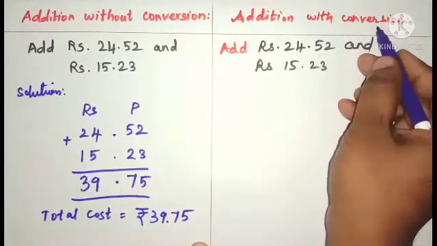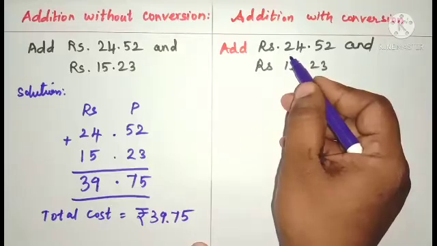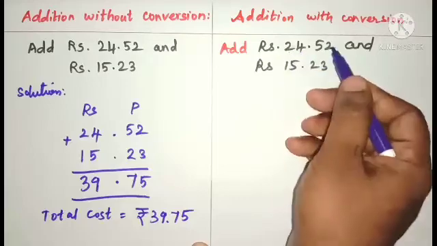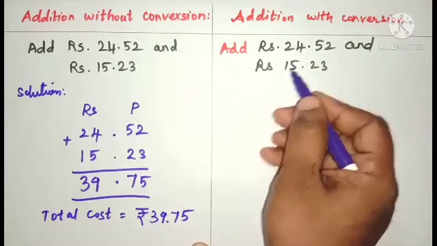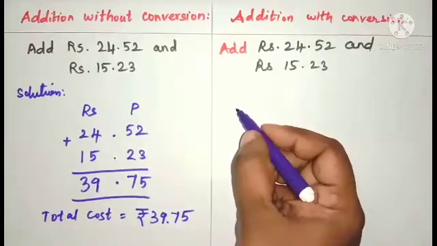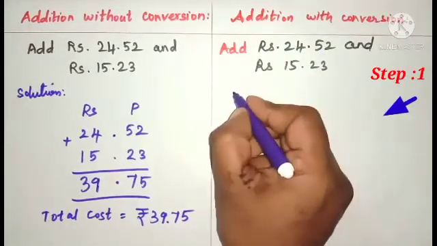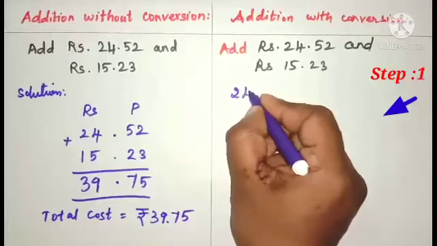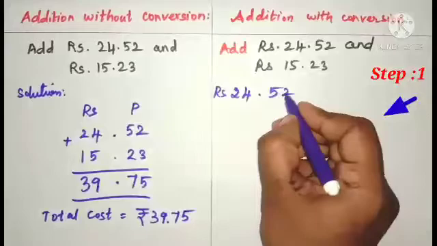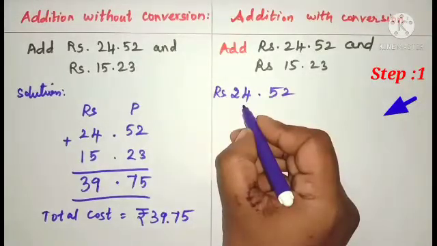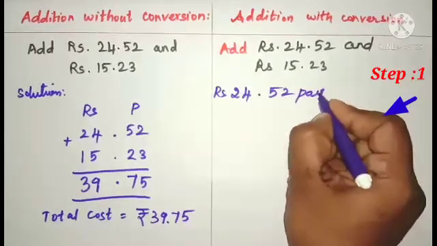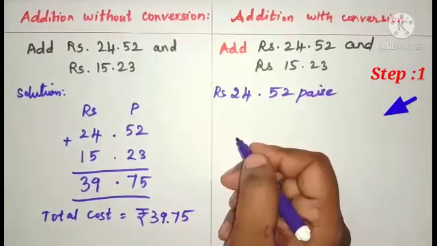With conversion means that we are going to convert paise into rupees or rupees into paise. So in this problem, let us convert rupees into paise. Let us take 24 rupees 52 paise. Converting rupees 24 52 paise, what you have to do?